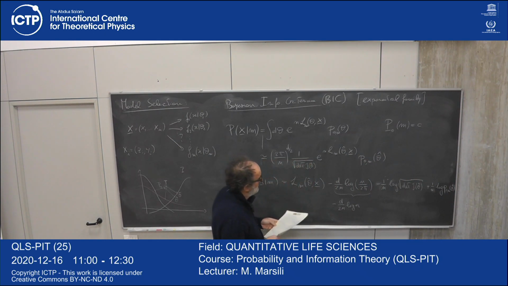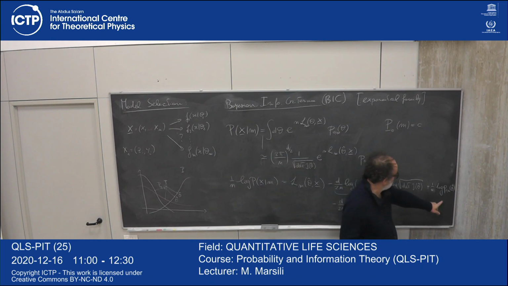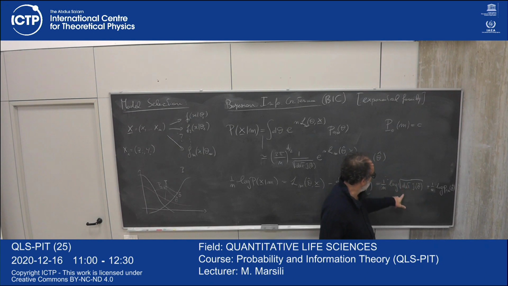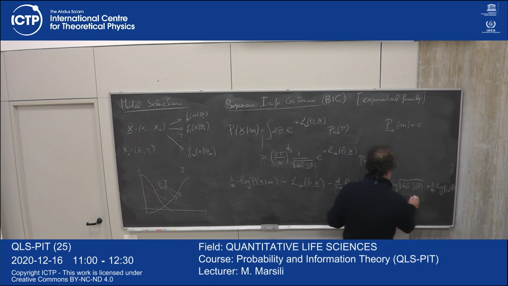And the interesting thing is that when you use Jeffreys prior, I remind you that Jeffreys prior was a probability distribution proportional to the square root of the determinant of J, then these two terms become just minus 1 over n times the log of the integral over all the parameters of the square root of the determinant of the Fisher information.